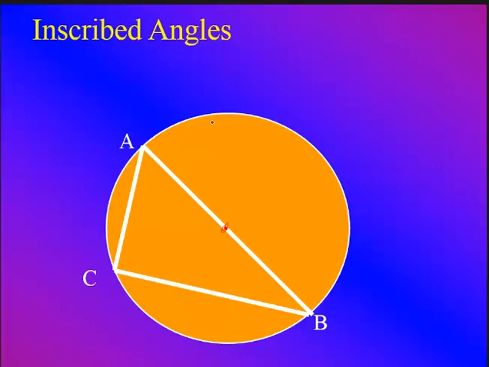So this intercepted arc AB is a semicircle, 180 degrees. If our inscribed angle is half that, it would be a 90-degree angle. So the shortcut is that if an inscribed angle is intercepting the diameter, it's going to be 90 degrees every time.